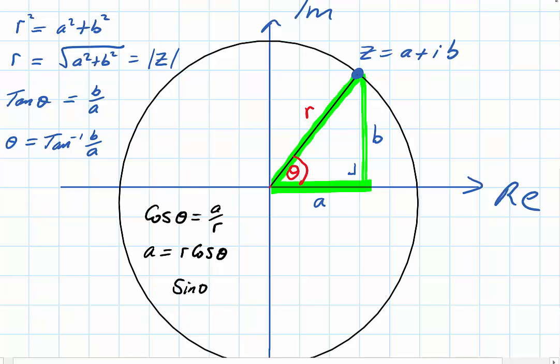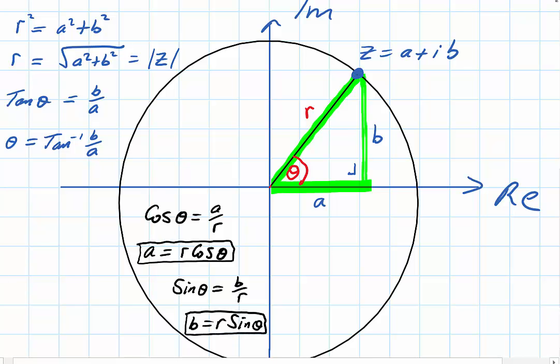The sine of theta is equal to opposite over hypotenuse, which is b over r. So b is r sine theta. And now we have a clear connection between the old world and the new world.